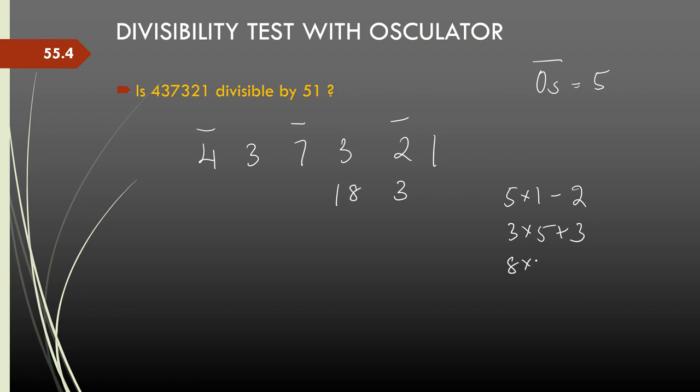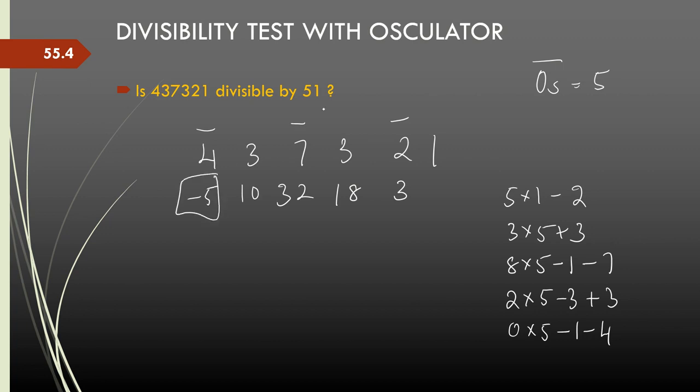Then 8 into 5 minus 1 and minus 7. That's 40 minus 8, that is 32. So 2 into 5 minus 3 plus 3, that is 10. And 0 into 5 minus 1 minus 4, which is minus 5.